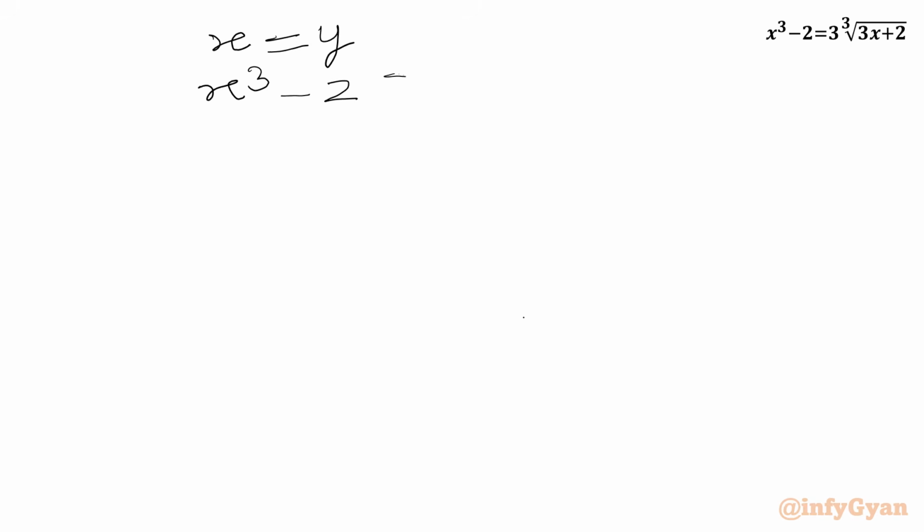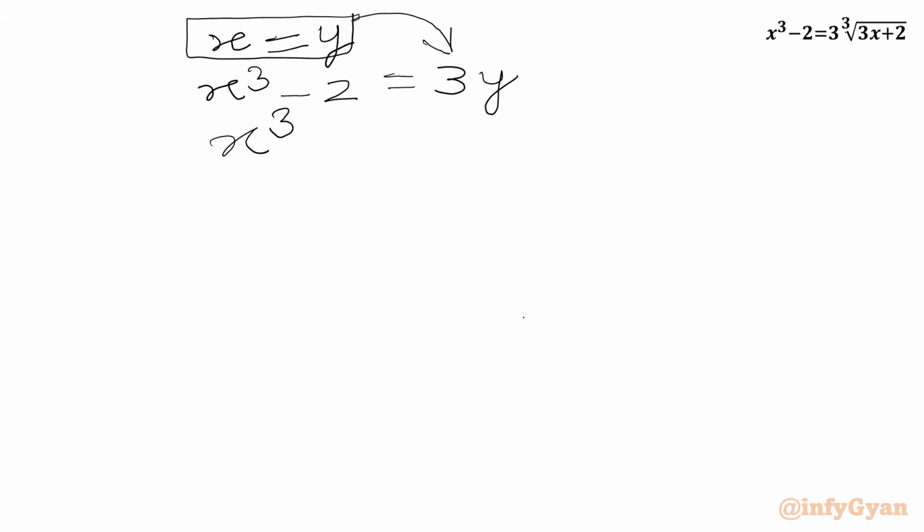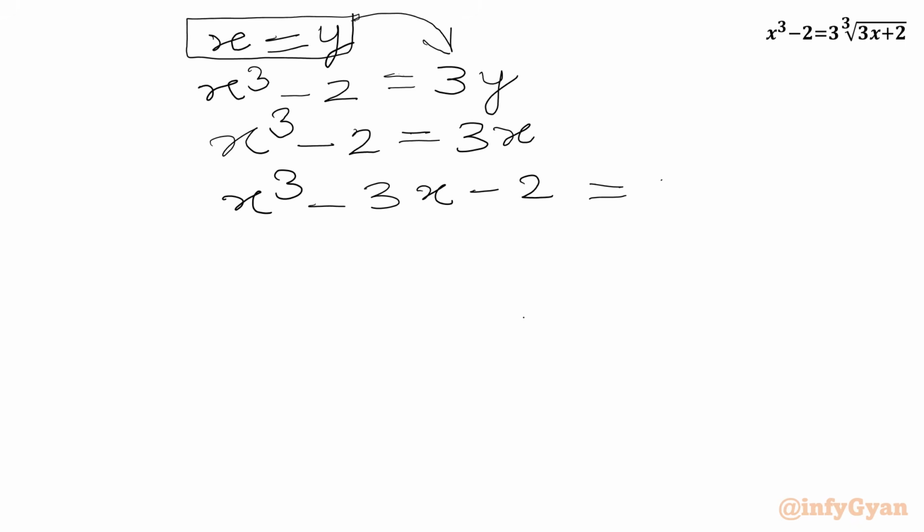Now I will write here x equal to y, and we can use our first or second equation, x cube minus 2 equal to 3 times y. Now we will put y equal to x. So we will get one cubic equation in a single variable: x cube minus 2 equal to 3 times x, or x cube minus 3x minus 2 equal to 0.